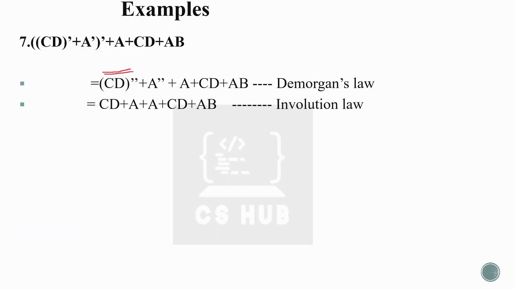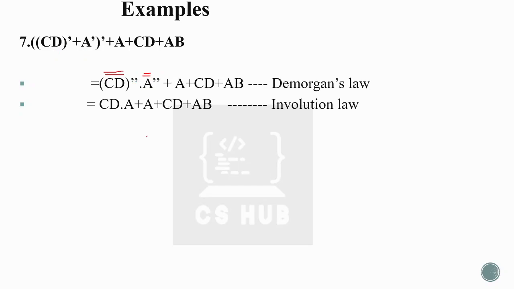The actual expression is A double bar, where our A is CD and this is B. A plus B whole bar is equal to A bar into B bar; here the term is multiplication. So here A is CD bar. So A bar means CD bar whole bar. CD bar whole bar is equal to CD.